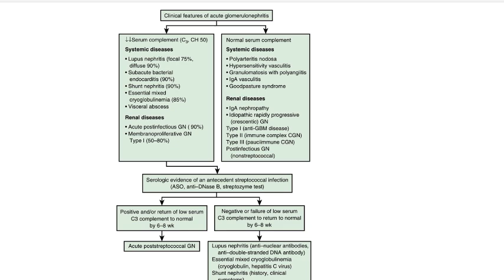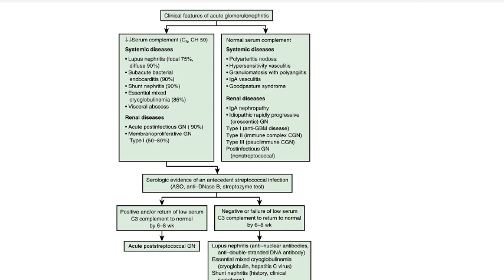Are there any systemic diseases associated with decreased complement? Yes: lupus nephritis, SABE (subacute bacterial endocarditis), shunt nephritis, essential mixed cryoglobulinemia, and visceral abscess. Just remember all these causes, they are very important. Is there any renal disease associated with normal serum complement?